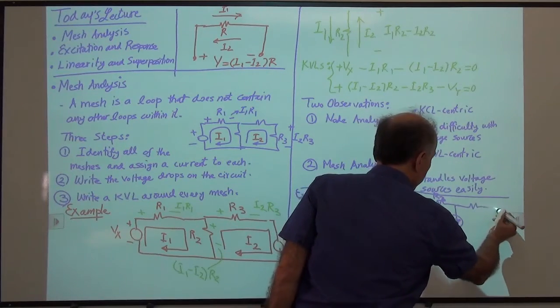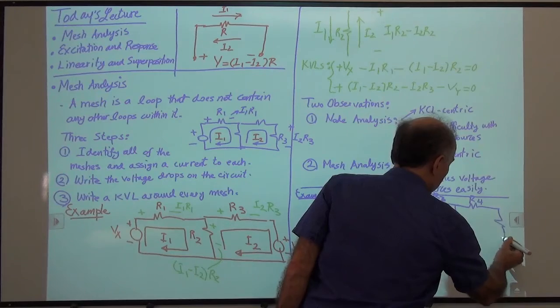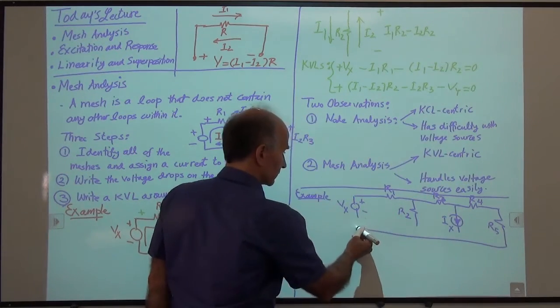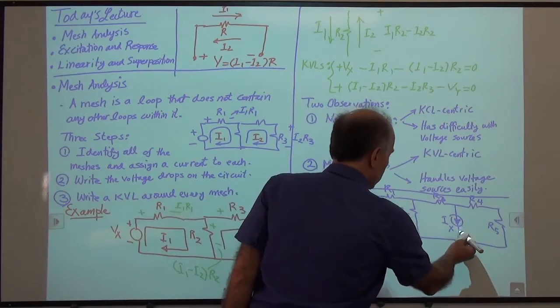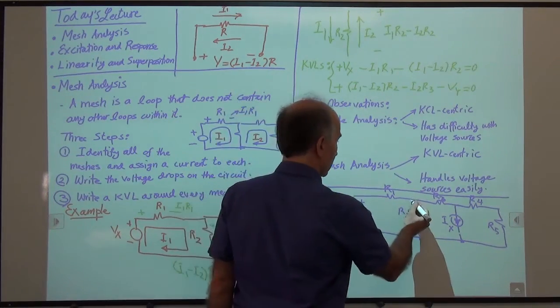Then we have another resistor R4, and then another resistor R5. And these are all connected like so.